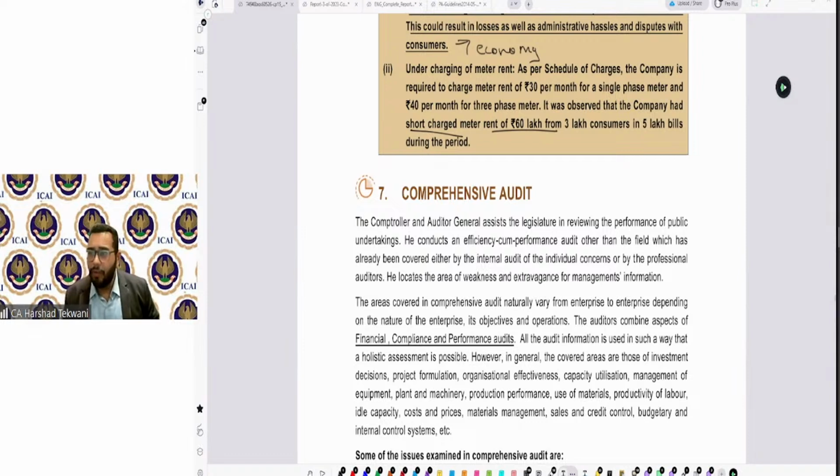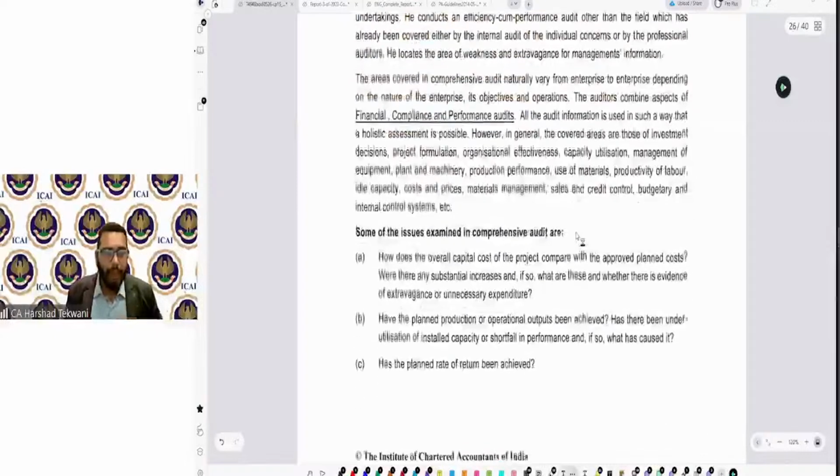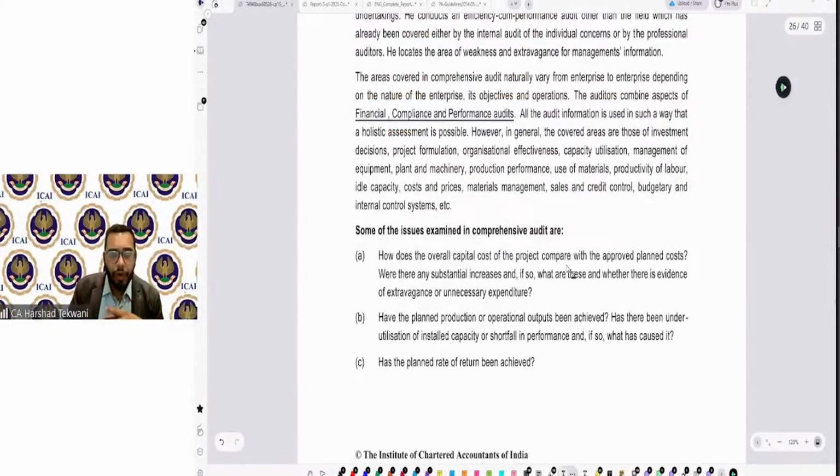So in a comprehensive audit, I basically perform financial, compliance and performance audit together. It helps the CAG to look at a particular project or a particular scheme from a holistic point of view.